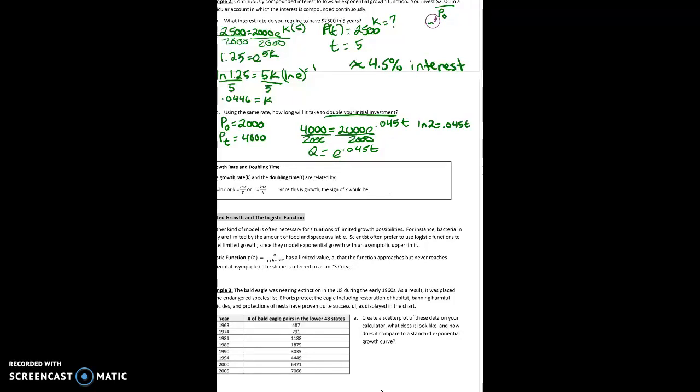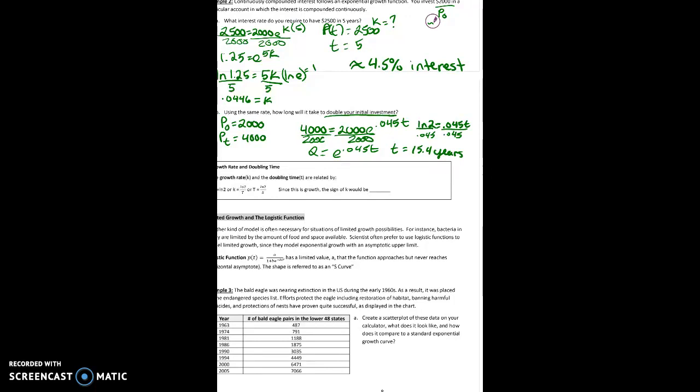Natural log of e, which you know is 1. So now we're going to divide that by 0.045. And when we do that, we get 15.4 years. So T equals 15.4 years. So that's how long it's going to take to double the investment.